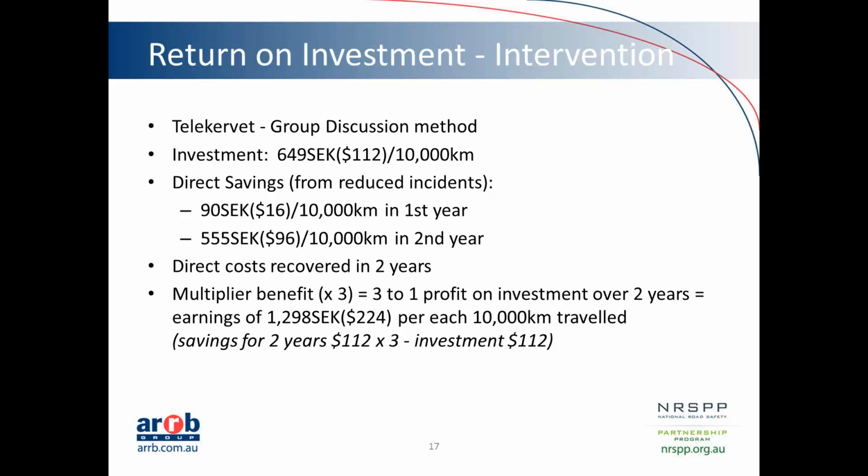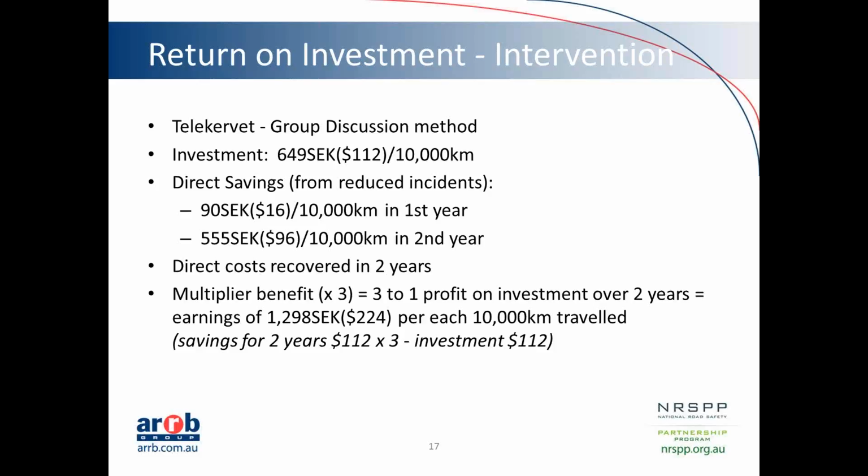Their investment, and I won't use the Scandinavian currency, worked out at 112 Australian dollars for every 10,000 kilometres they travelled. The direct savings from reducing their incidents brought a return in the first year of $16 per 10,000 kilometres, and by the second year they also enjoyed a further $96 per 10,000 kilometres. So their direct costs of investment were recovered in just 2 years.